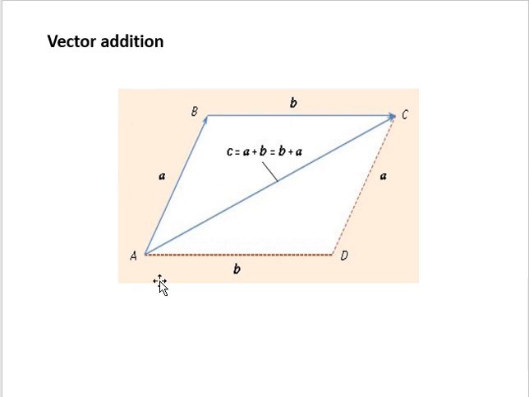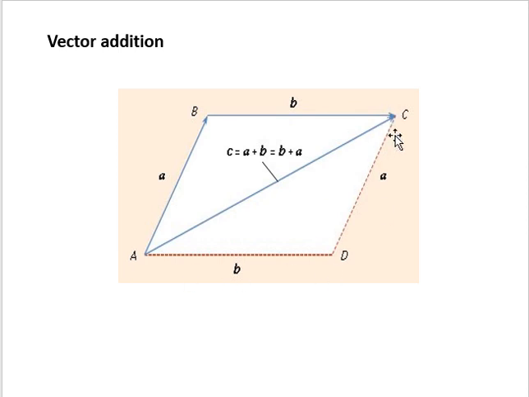Now come to vector addition. Look at this picture. We have considered two vectors, this vector a and this vector b. If we add these two vectors, a plus b, the resultant vector will be this vector c, the middle direction.